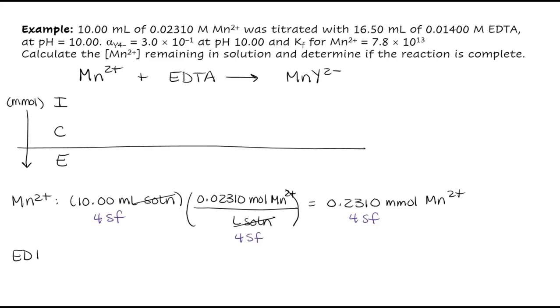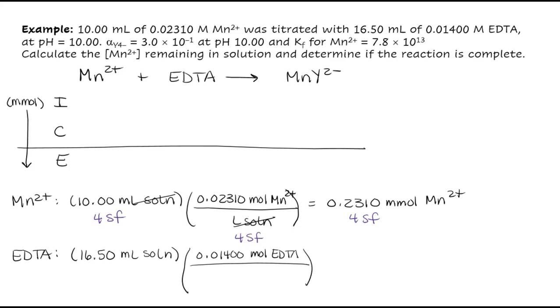Looking at EDTA, we have 16.50 milliliters of solution times its molarity, which is 0.01400 moles of EDTA per liter of solution.